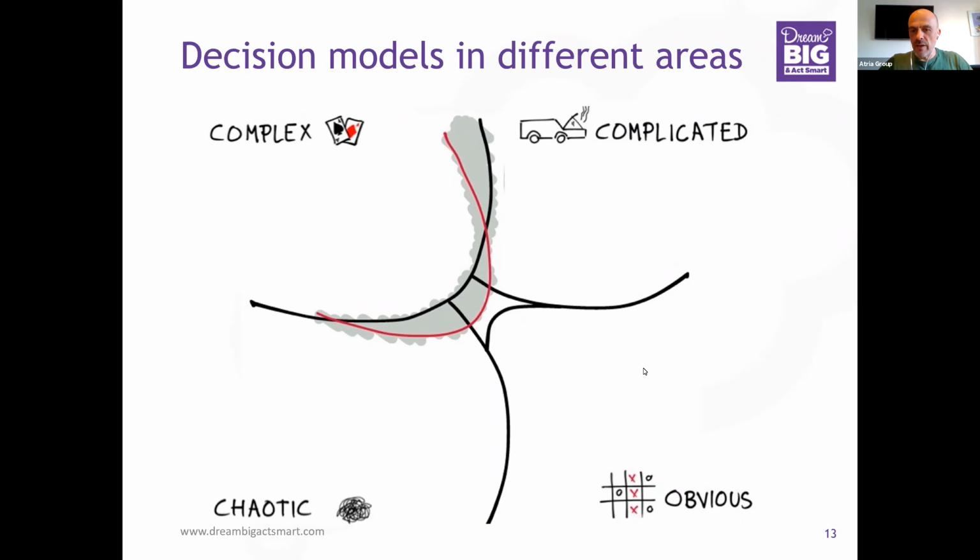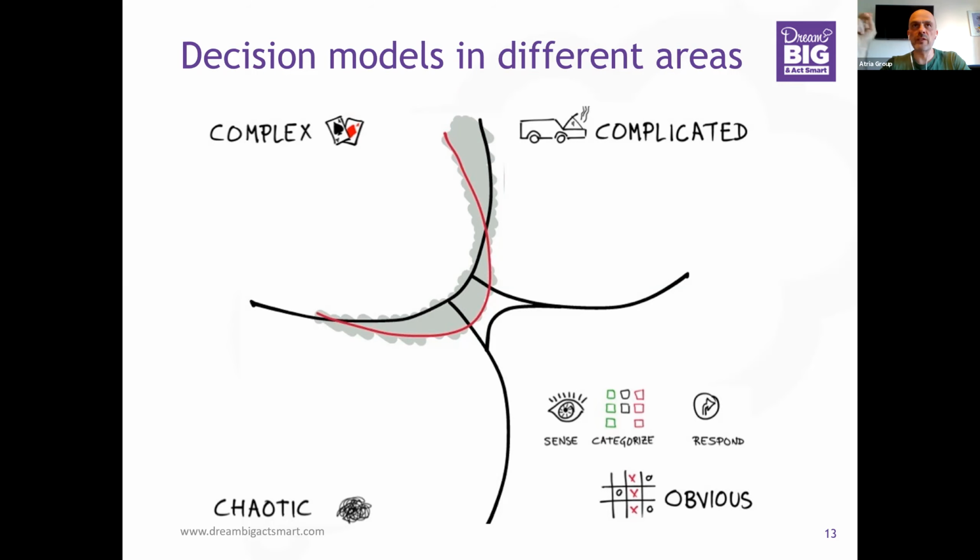In the obvious area, if something is really clear, with known cause and effect, known causes imply known effect, what we need to do as team leaders or as experts is, first, observe. What is the problem here? Sense it. And then I just need to categorize it because it's obvious, it fits in one of the boxes.